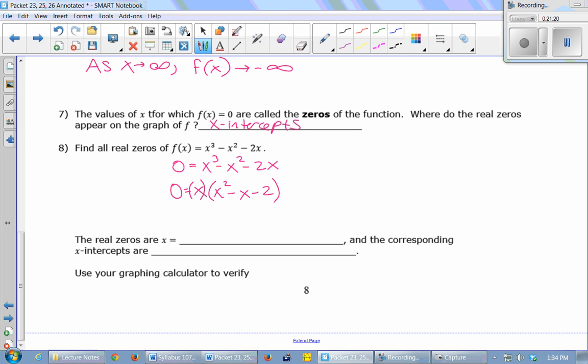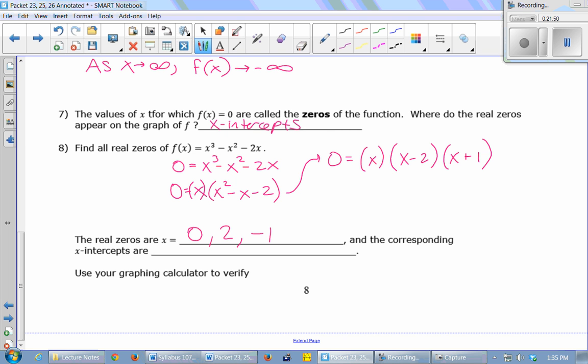Does x squared minus x minus 2 factor any further? X minus 2, x plus 1. So that means that my zeros are what? 0, 2, and negative 1. Set each of these factors equal to 0 and solve.